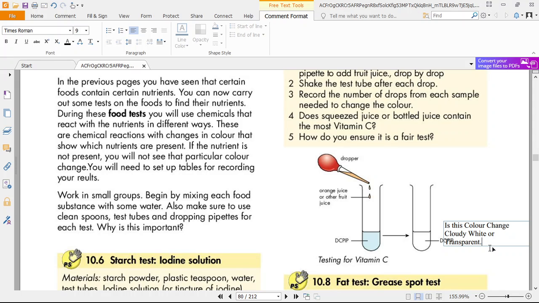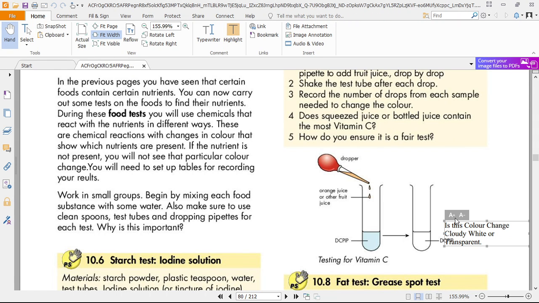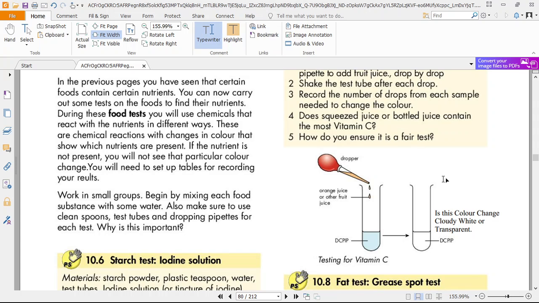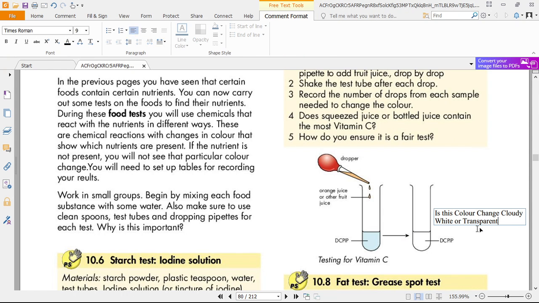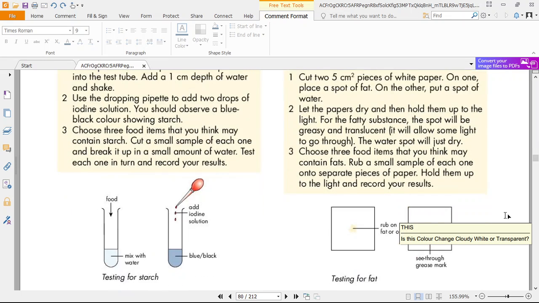Let's move this up and put the text in the box. It's supposed to be a question mark. Good, wonderful. Now that's the question that you need to ask yourself, and I think it should be in this book also. But if not, go on the internet and look for it.